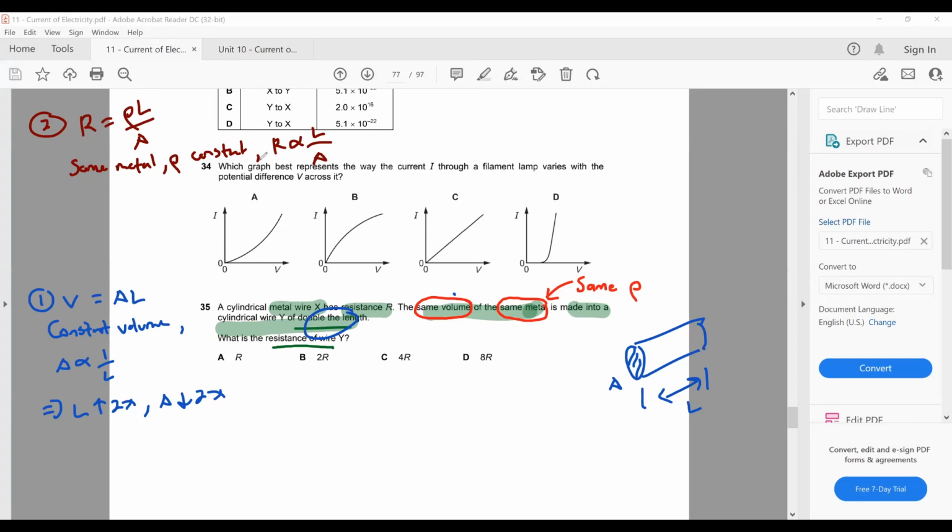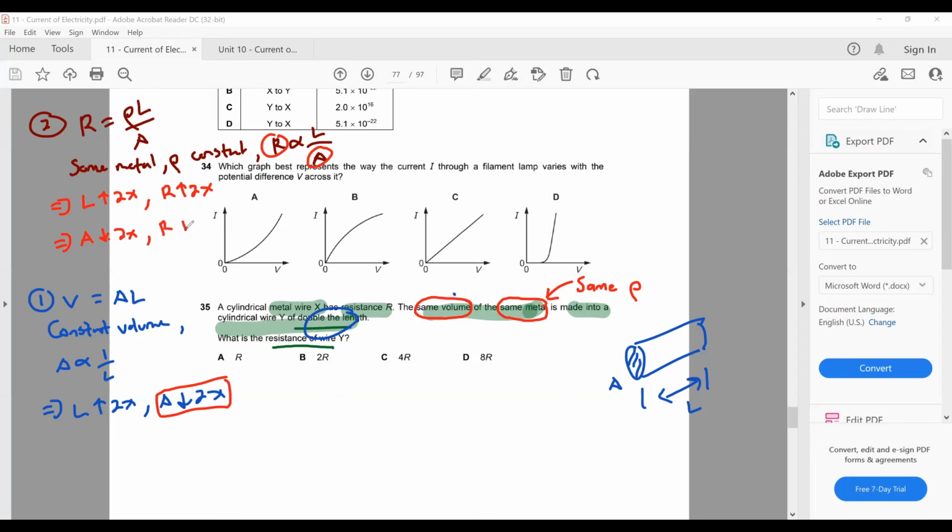Okay, so now you want to evaluate the changes. Let's just evaluate the changes one by one. If L increased by 2 times, that would mean that R increased by 2 times. This is the effect of L alone. But what about the effect of area? Area, you already know, should have decreased by 2 times. But because this is an inverse relation, if this one drops, the other must increase.